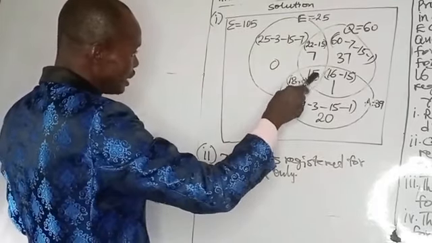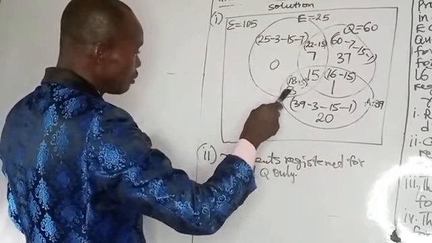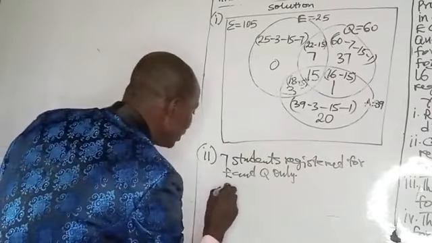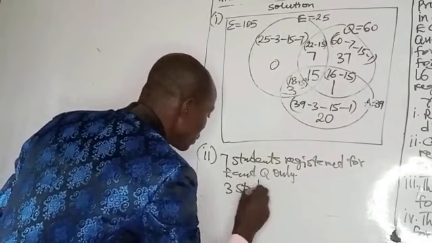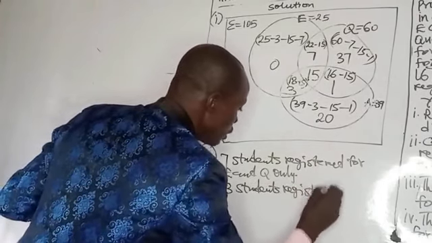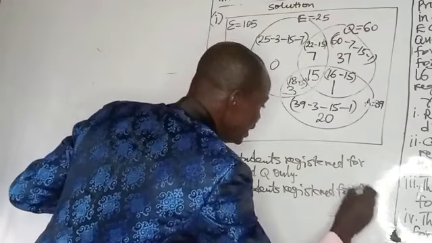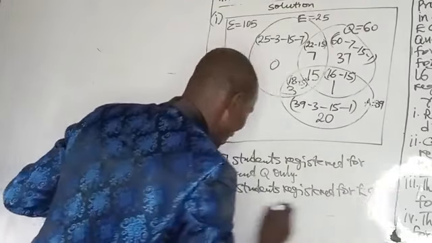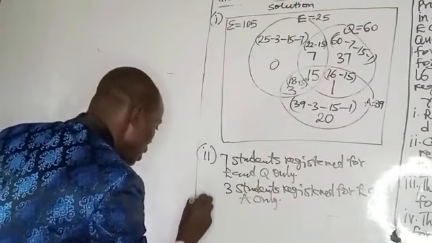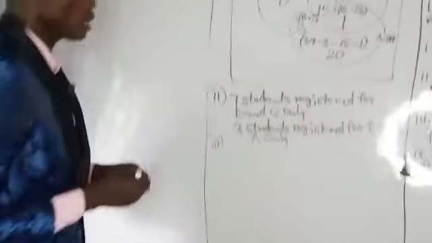So we have E and A only: 3 students registered for E and A only. That is the solution to number 2. Number 3. Back to the question.